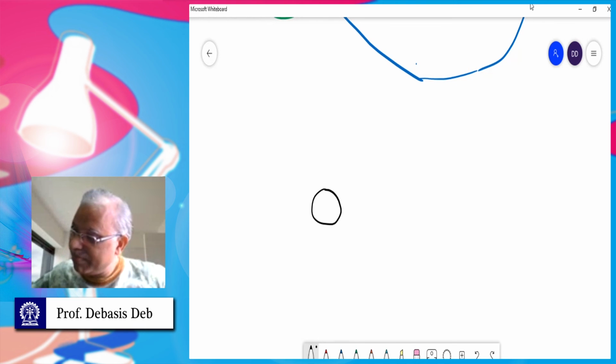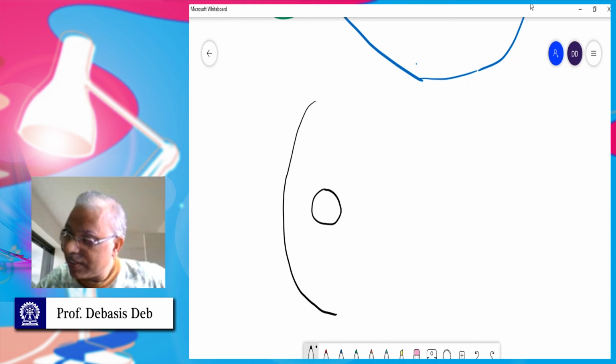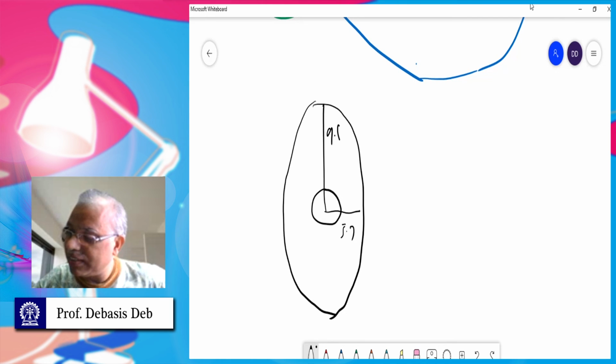If somebody can remember, it was 5.7 and it was 9 point something. So this ellipse is something like this influence zone. This is about 5 point something meter, 7 meter or so, and this is 9.68.